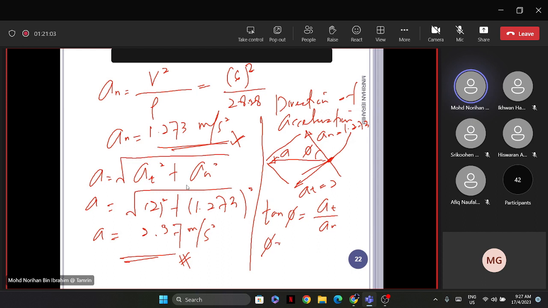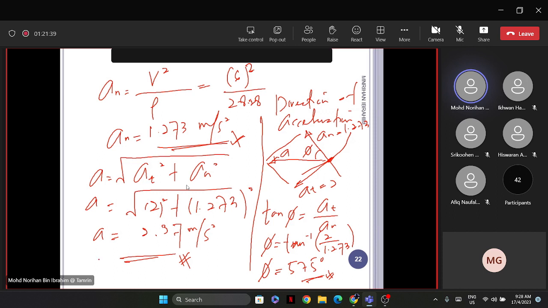So phi is equal to tangent minus 1 of 2 divided by 1.273. So you got phi is equal to 57.5 degree. That is enough up to this step. So that is the direction of acceleration.